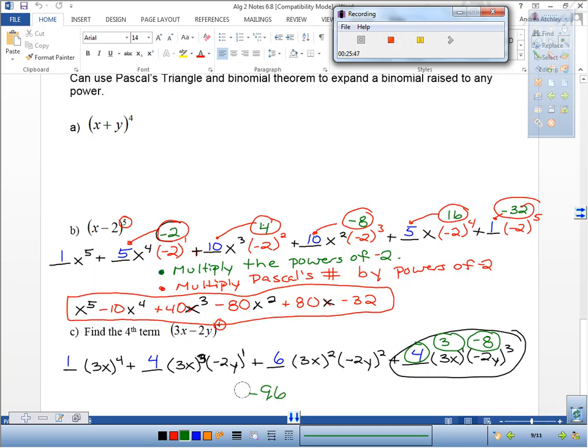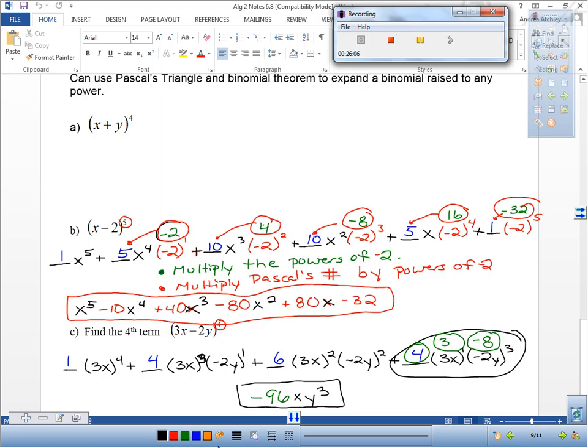Let's make sure it looks good. The x is to the first power, and then the y is cubed. And so that is my fourth term if I expanded 3x minus 2y to the fourth power.